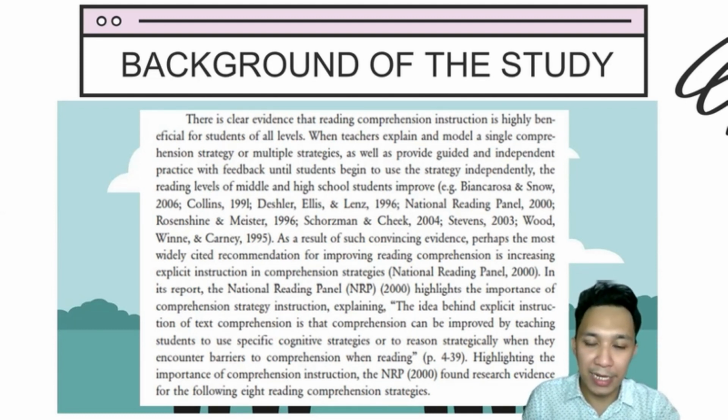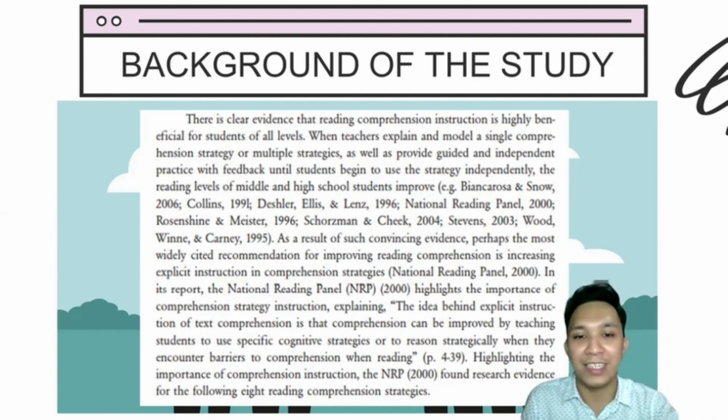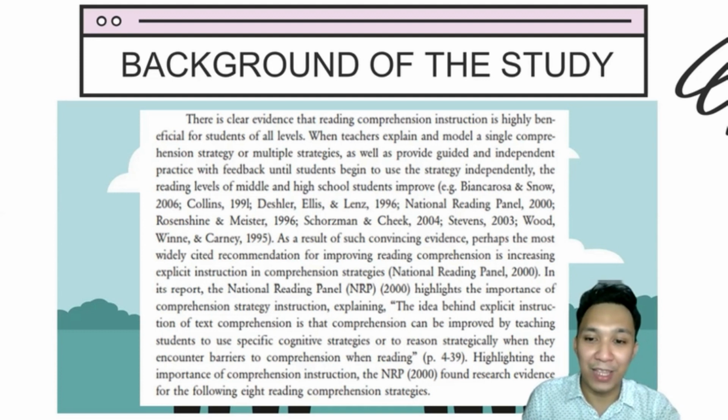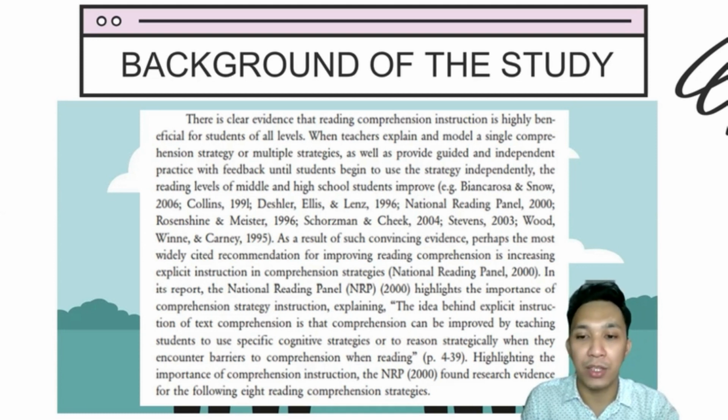The researcher here provides additional information by citing references that the readers might need, so as to further understand why the researchers wanted to have reading comprehension instruction for secondary learners.